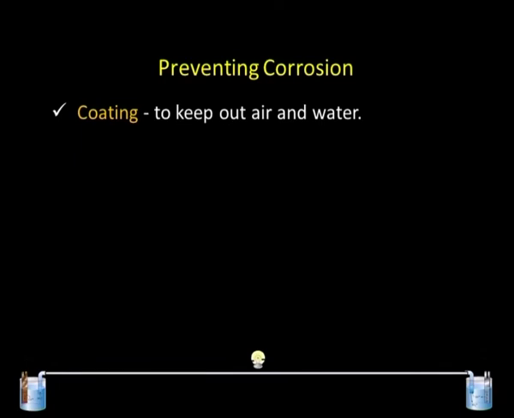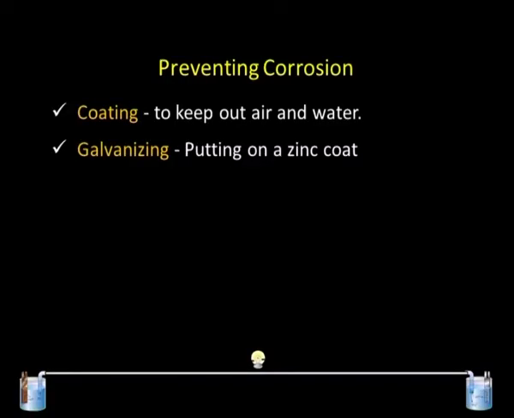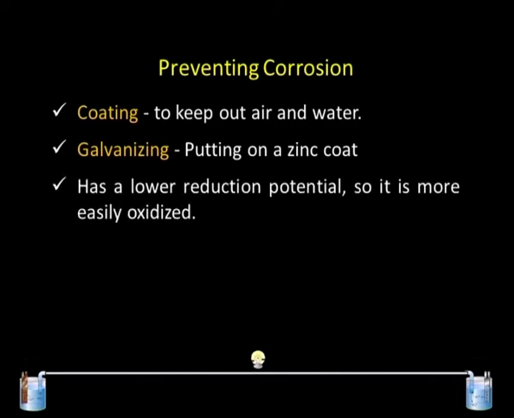First, we can coat, that is the coating, to keep out air and water so that the reaction does not take place. Galvanizing, that is putting a zinc coat on the surface of iron, and in this case it lowers reduction potential, so it is more easily oxidized and iron remains unaffected.